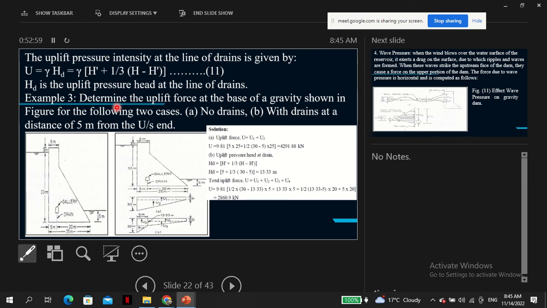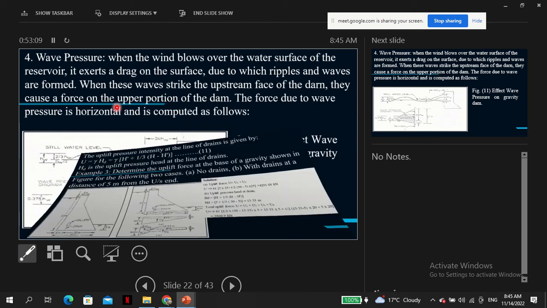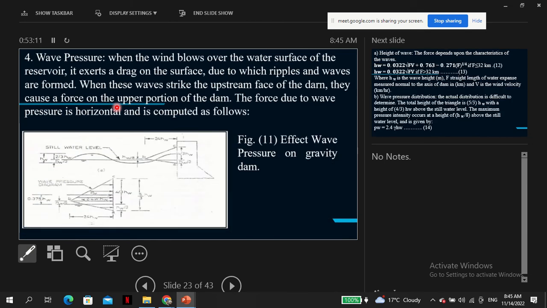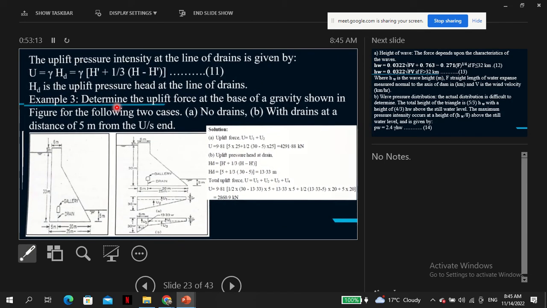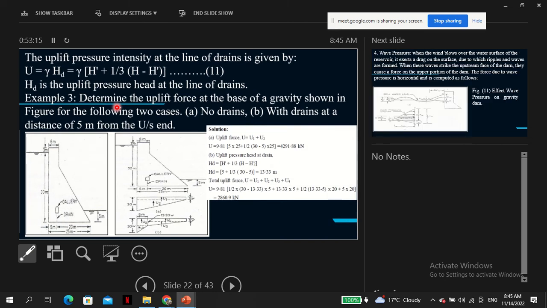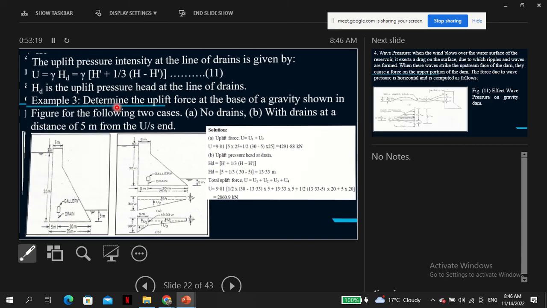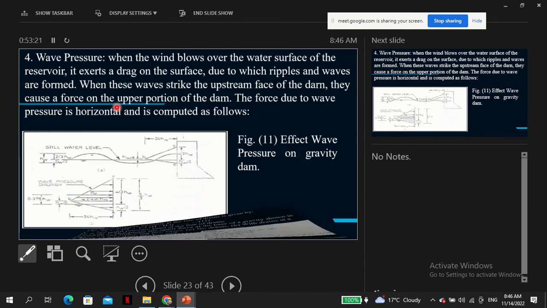If you follow this, you should have no problem. I will insist, please make sure you follow, because the same things are going to show up in the exam. And of course, I wish that everyone passes. So this is why I do this kind of painstaking work. You can see the example is very simple.